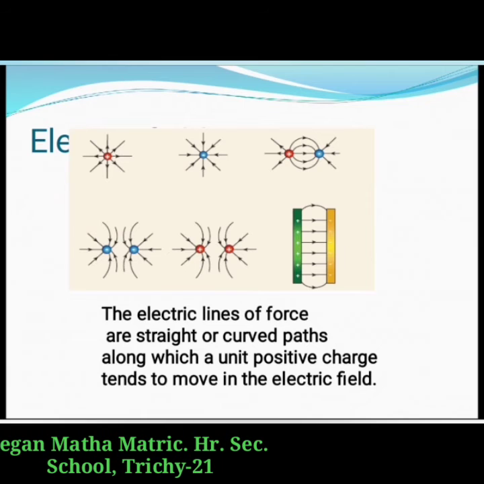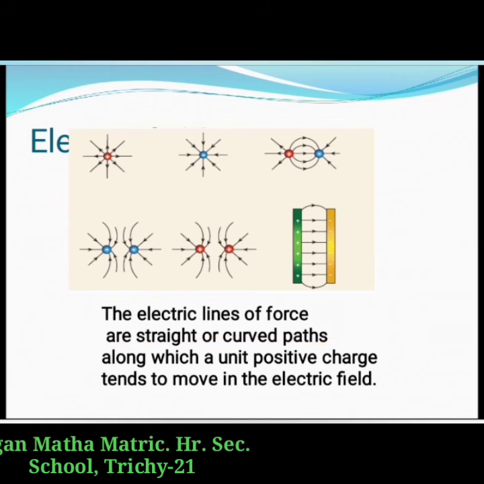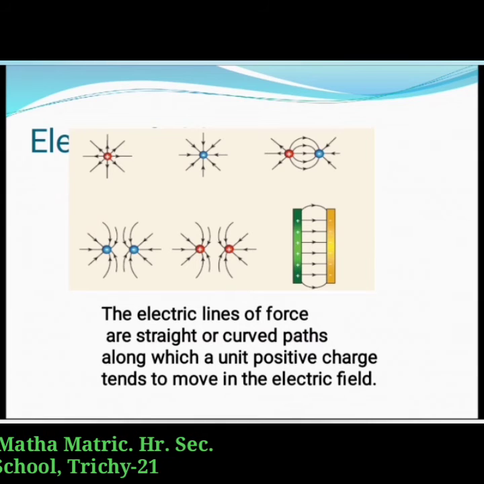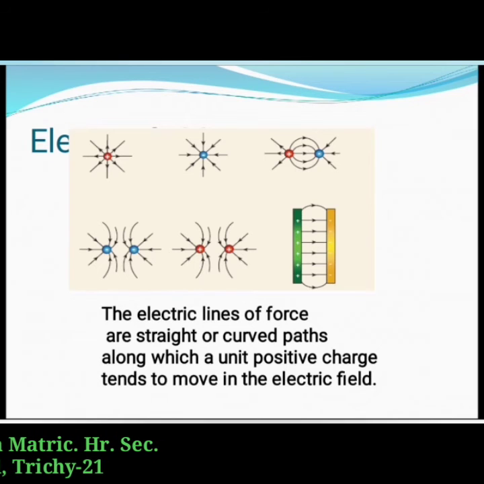The electric lines of force are straight or curved paths along which a unit positive charge tends to move in the electric field. Electric lines of force are imaginary lines. The strength of an electric field is represented by how close the field lines are to one another.